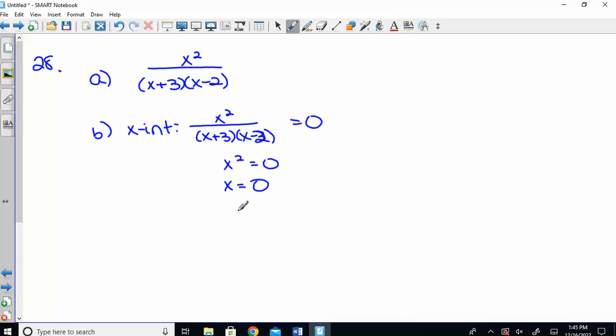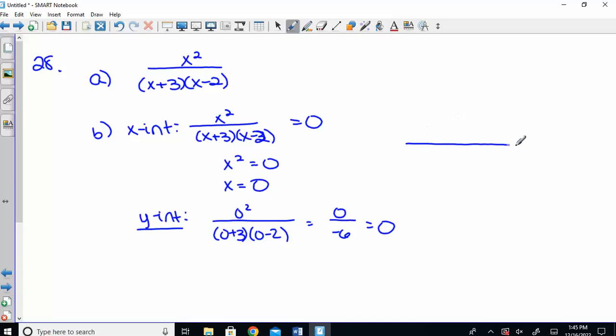So you get x equals 0. And that's always going to be the case that your x-intercept is just what makes the top of your fraction 0. A y-intercept is when x is 0. So if I plug in a 0 for all my x's, we get 0 over -6, so 0.